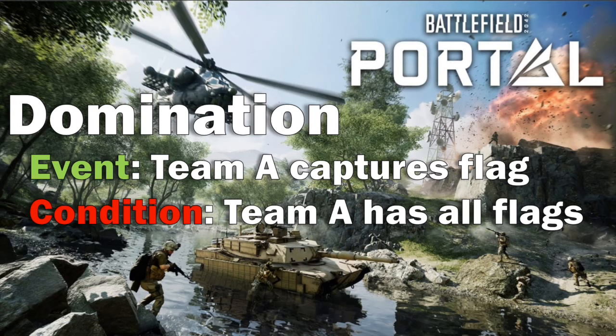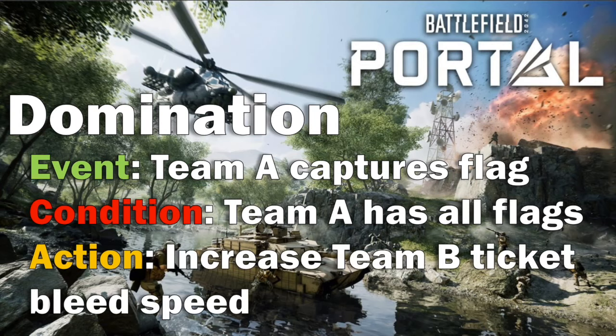The actions that would take place would be that the value or modifier that affects the number of tickets the opposing team loses, or the amount of time it takes for a ticket to be lost, might increase. So we've got that event, team captures a flag, condition, number of flags being captured, and action, alter the variable or the modifier that increases the number of tickets the opposing team loses, or the amount of time it takes for the team to lose a ticket.